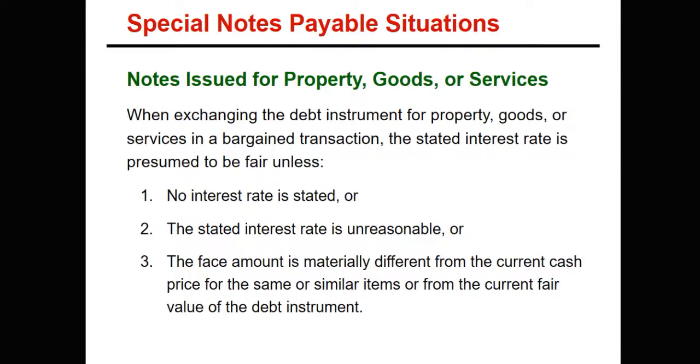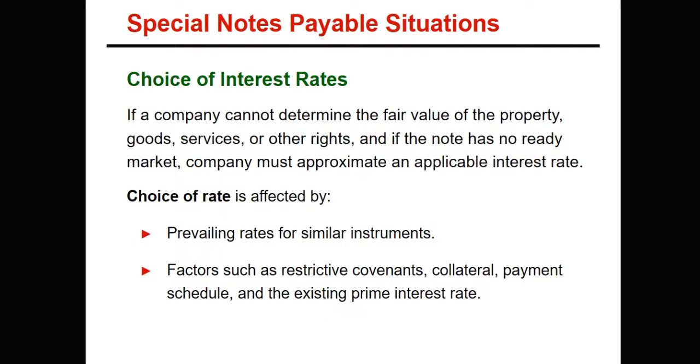So we have to approximate an applicable interest rate, and that happens by looking at what prevailing rates are for similar instruments, whether there's collateral, payment schedules. We determine the imputed rate at the point of issue of the notes payable, and then later rate changes in situations are just largely ignored.